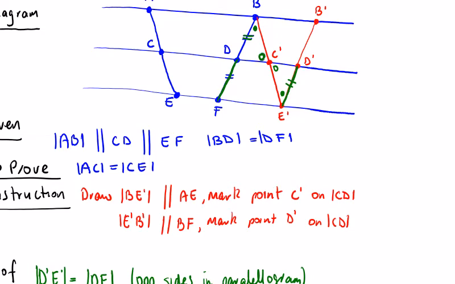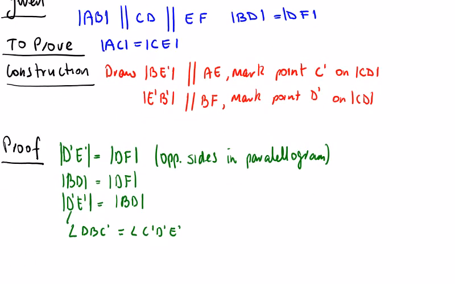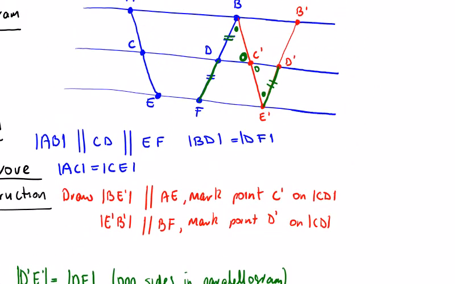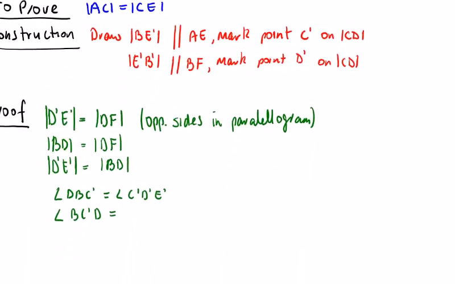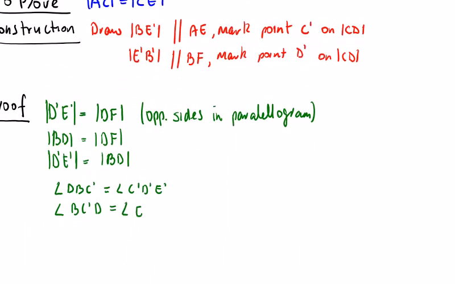So this angle here that I'm making bigger is BC prime D, is equal to, vertically opposite angles, E prime, C prime, D prime. So this one is vertically opposite, and this one is alternate.